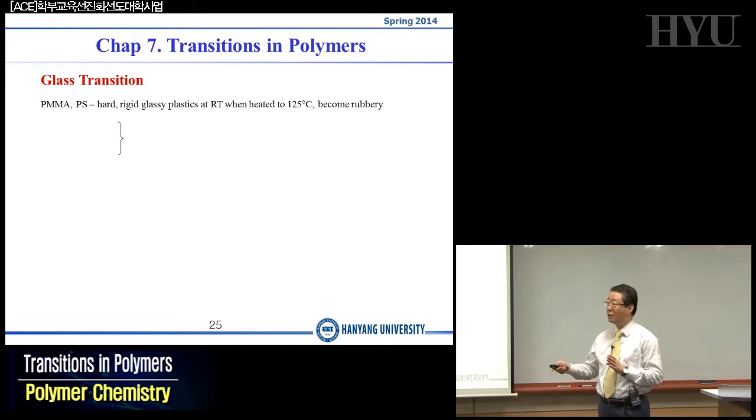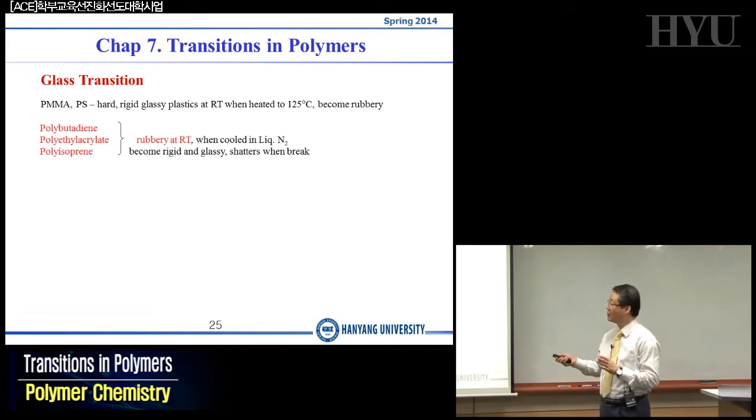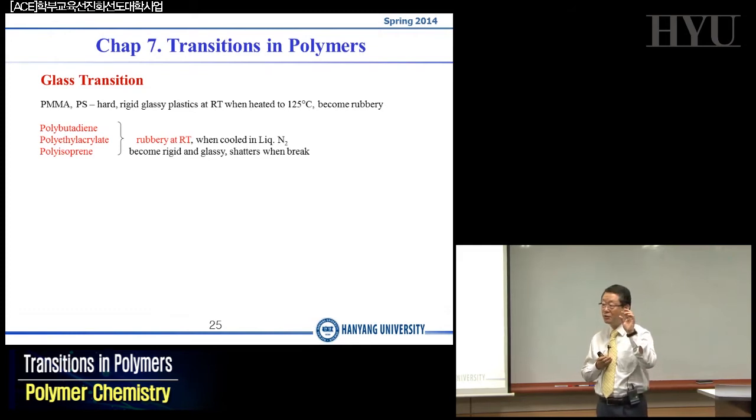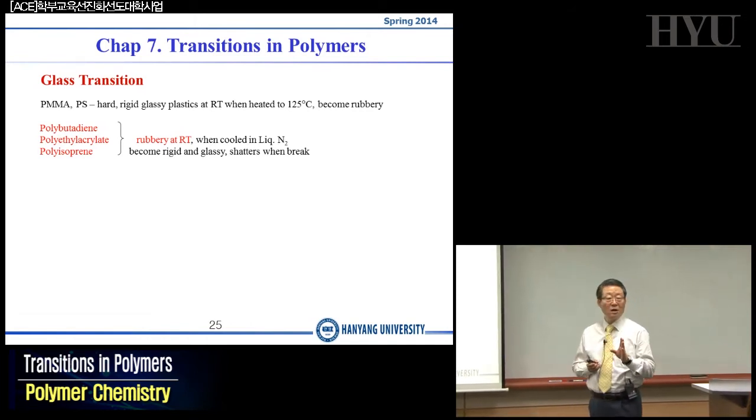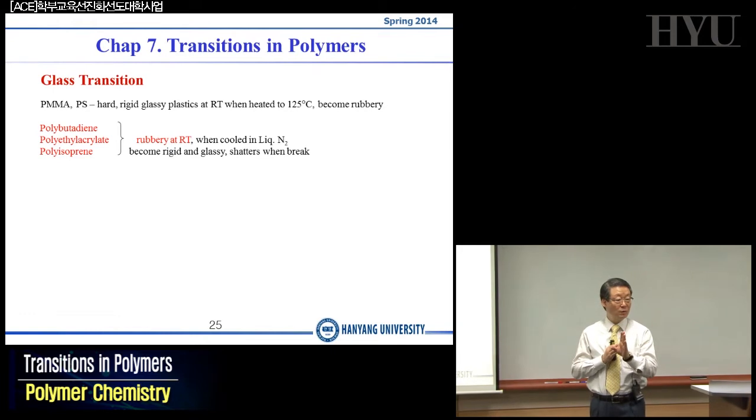Okay, however, if you think about rubbery materials such as polybutadiene, polyethyl acrylate, methacrylate, sticky material, Scotch tape, rubbers, at room temperature these are regarded as rubbery, flexible materials.